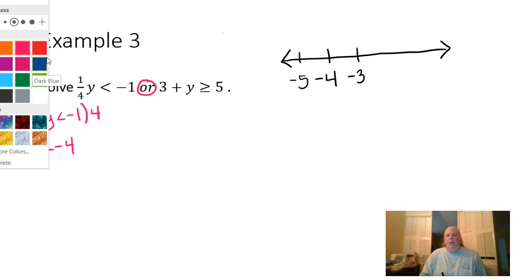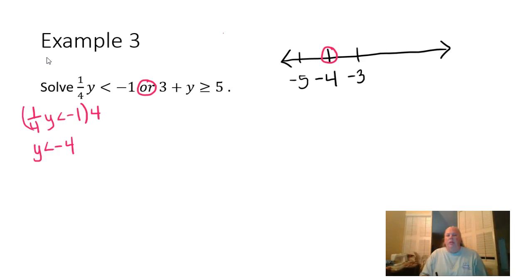Now we're going to put a circle around the -4, and that's because it is less than, it is not a less than or equal to. And we want to shade everything to the left, so that means we're going to shade everything back here, including the arrow. All right, so there's the graph of y is less than -4.